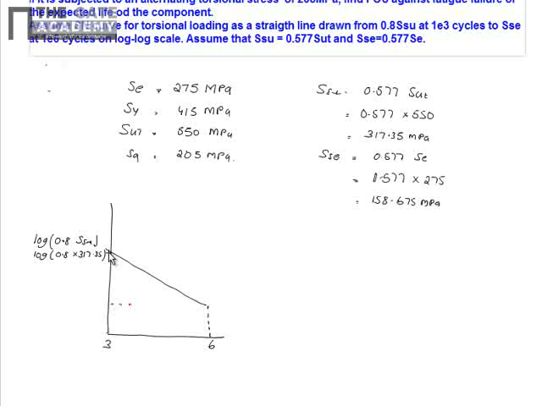And this point corresponds to log of SSE at 10 power 6 cycles, and SSE is nothing but 0.577 SE, which we have found out to be 158.675. So this will be 158.675, and in between we have the stress value, which is 205 megapascal, and we have to find the life of the component for the stress value. So this again we can draw it here.